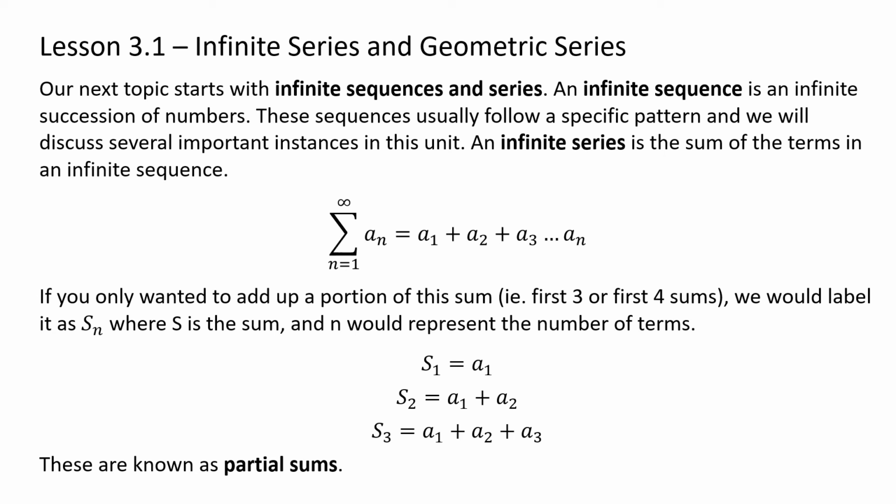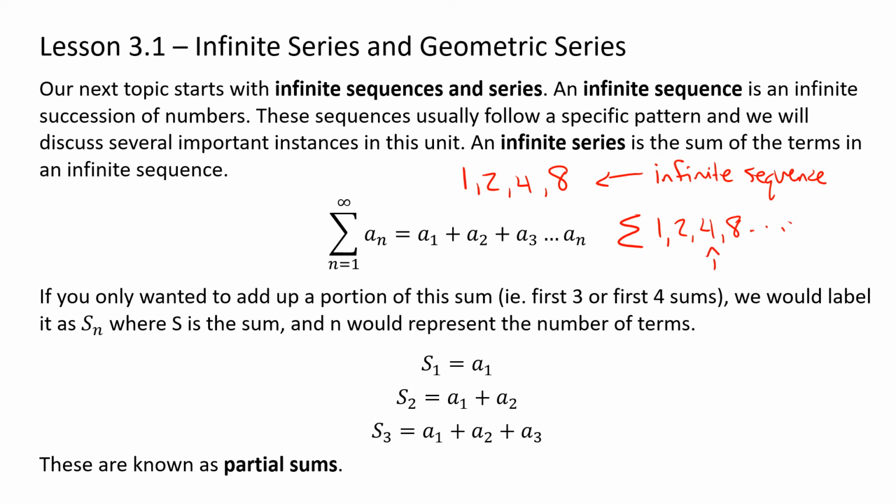Okay, so if you had a sequence of numbers 1, 2, 4, 8, this you would call an infinite sequence. An infinite series would be if you added the sum symbol in front of it. So if you added up all of those terms, 1, 2, 4, 8, and we kept going, this is an infinite series.